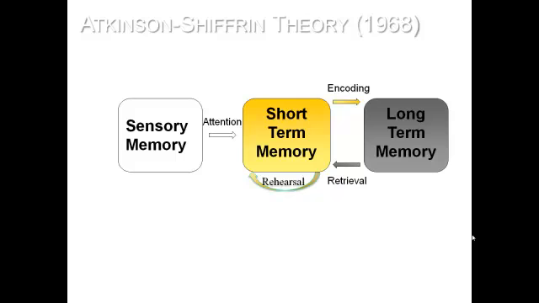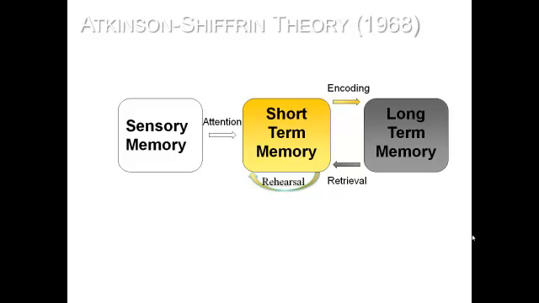Basically, once you store something in your sensory memory, you need to be able to pay attention to it. You pay attention to a small part of what you're storing. Then what you pay attention to, you now store in your short-term memory and process it here. Once it's in your short-term memory, then you can further encode it into your long-term memory.